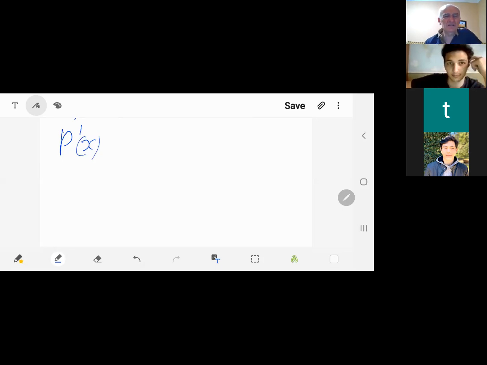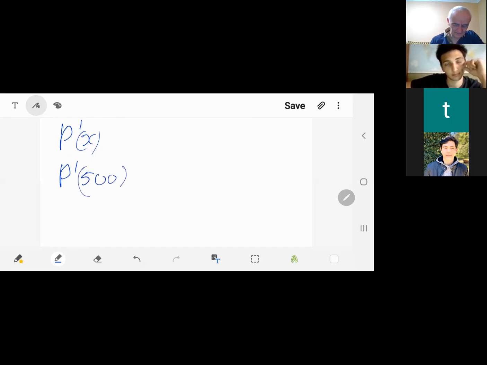And what is the idea and meaning of marginal profit? For example, if we know that the derivative of profit at 500 is 100, what does it mean?